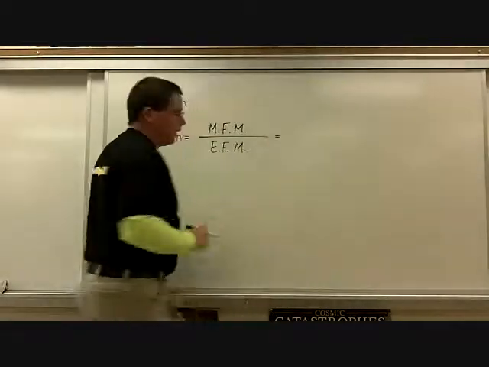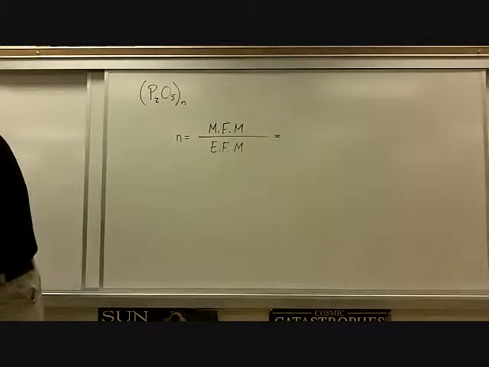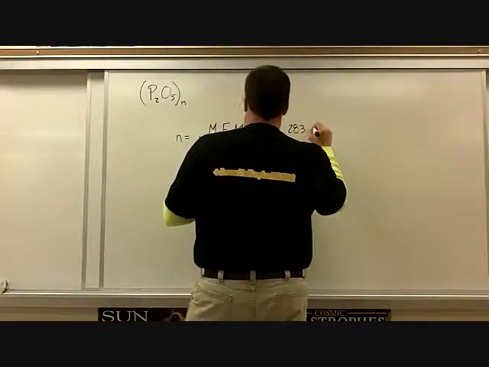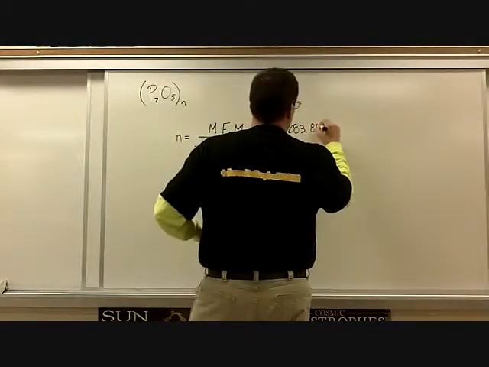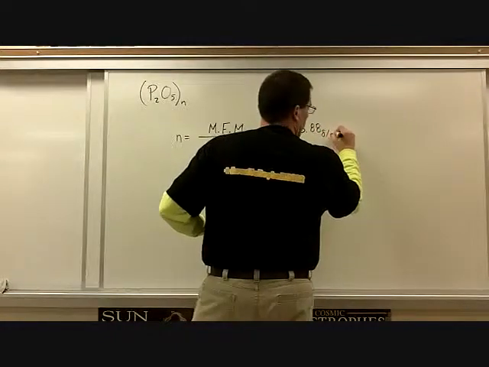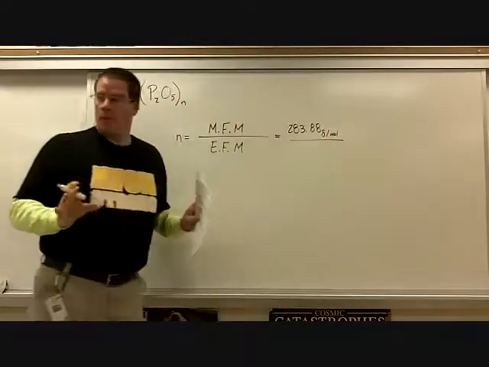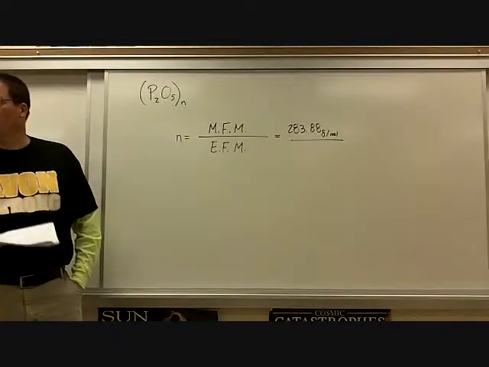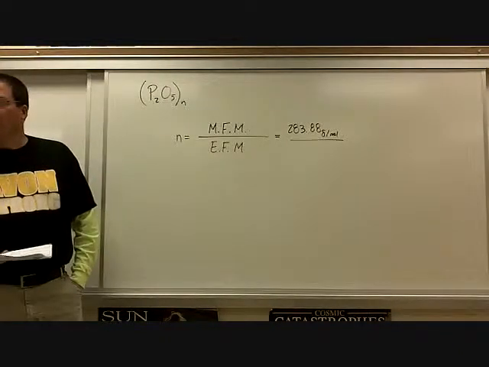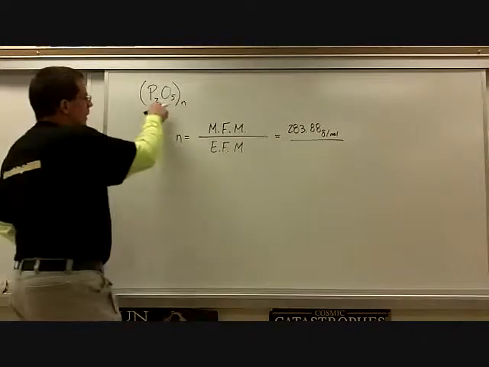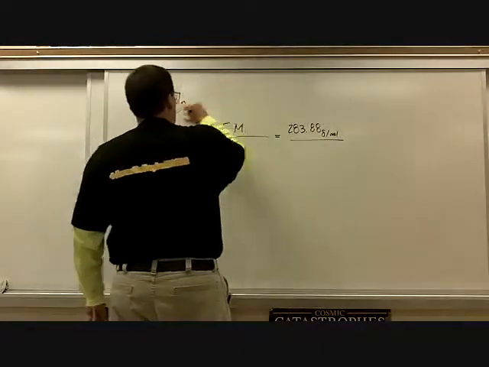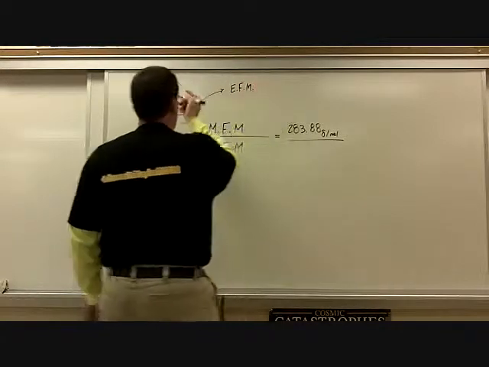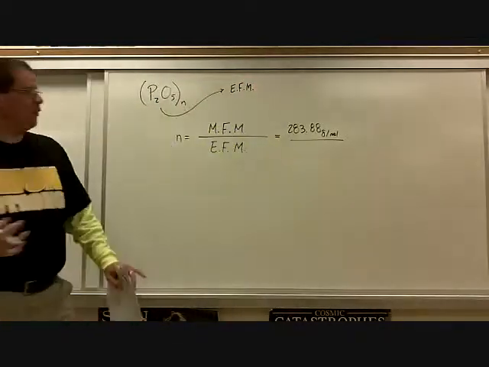So the molecular formula mass in this problem was given as 283.88 grams per mole. Now if you want to include the units, that's fine. They're going to go away. So how in the world do you think we're going to find the empirical formula mass for this? Use the little subscripts and the molar masses. So the empirical formula mass is based on finding molar masses.